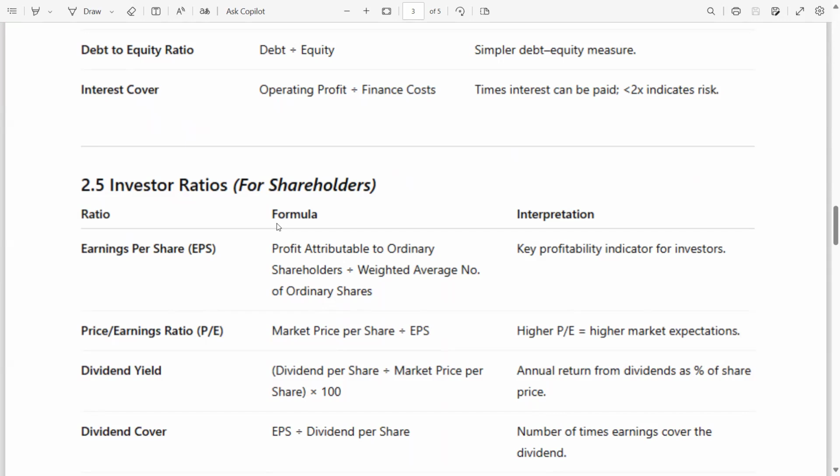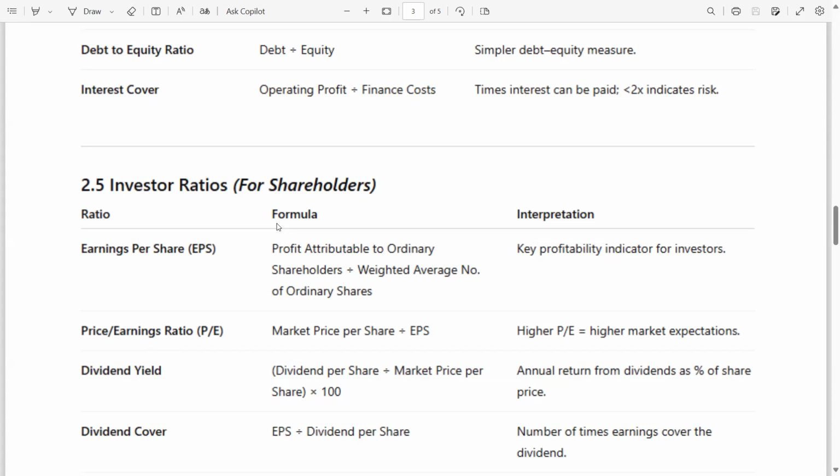Because it will help us in identifying the shareholding percentage, how much shareholder will get. Okay, earning per share: profit attributable to ordinary shares divided by weighted average number of ordinary shares. In simpler terms, it's profit divided by number of shares. Key profitability indicator for investors.